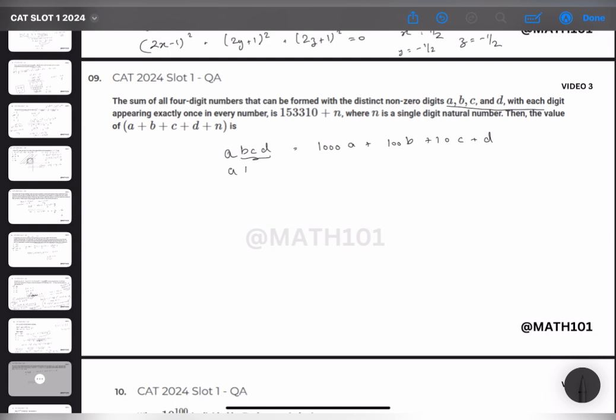This A, B, D, C, A, D, B, C, A, D, C, B, A, C, B, D, and A, C, D, B. Notice that each of these will have 1000 A as common term here. These terms would permute. So when we'll add them, we'll get 6000 A plus something.